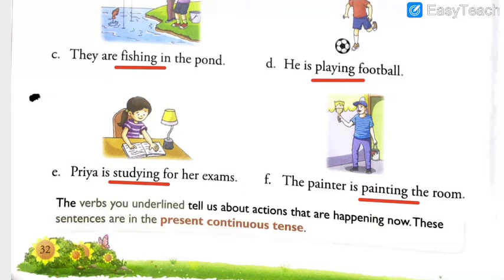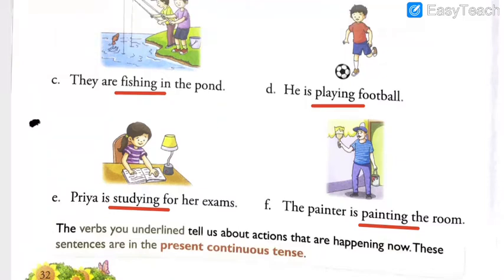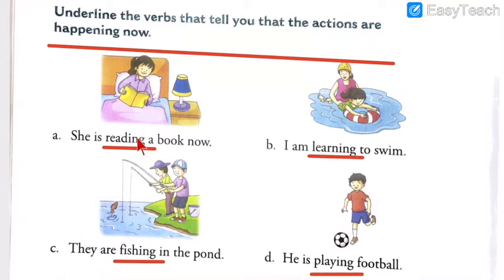This is the similarity I was talking about. Always in the verb of continuous tense, ing will be there. Whatever the action might be, ing will be added. Again, read plus ing, reading, learn plus ing, learning. See? So, this is called continuous form, in which ing is always there.